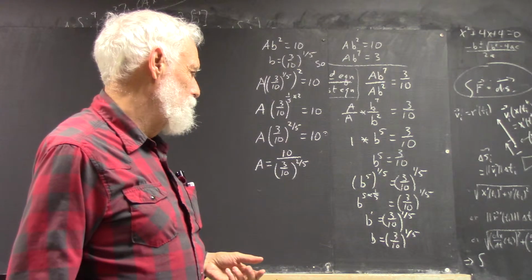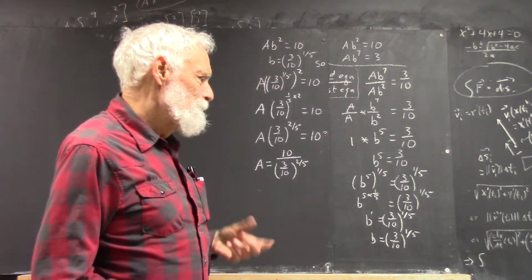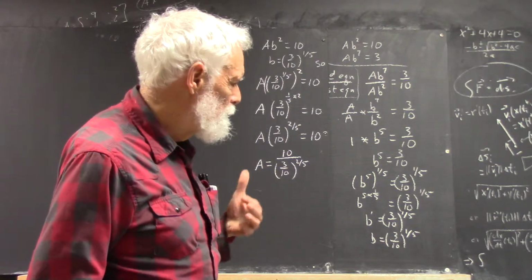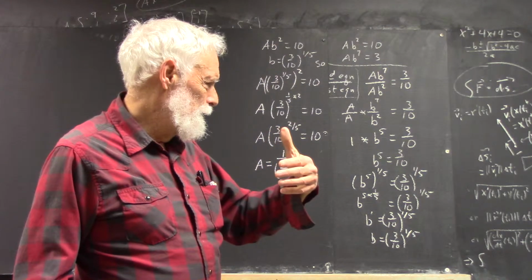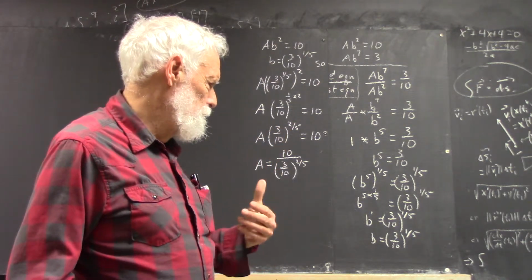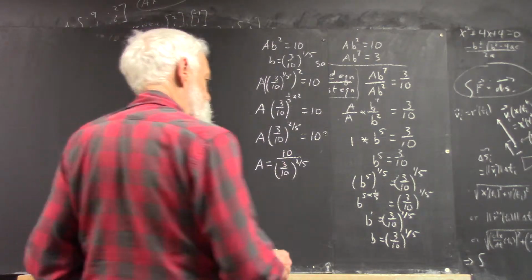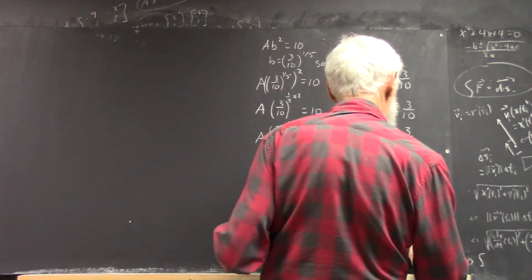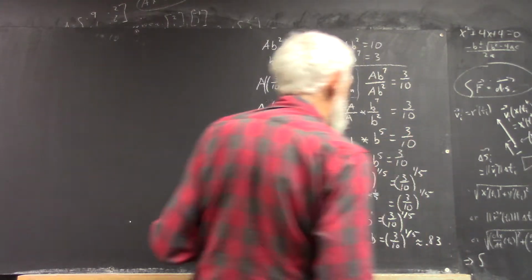And if I square 0.64, I get something around 0.4. If I do 0.8, I get 0.64 and then 0.512 and 0.4. I'm going to guess maybe that's 0.83.